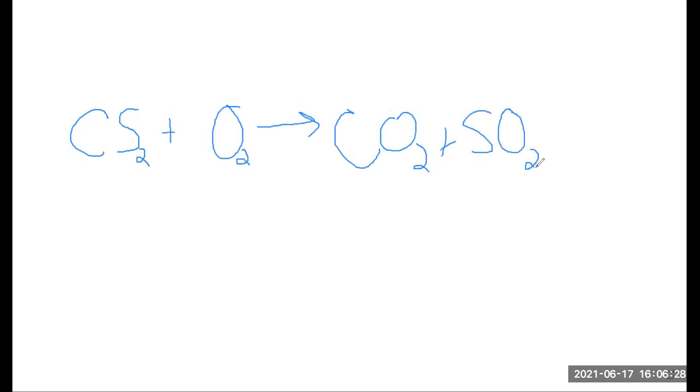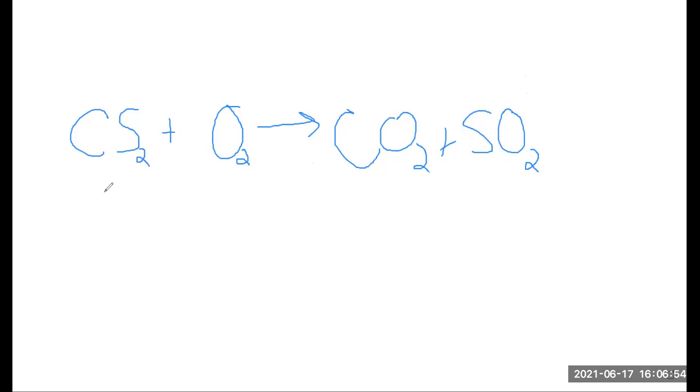One of the things that we need to look at here is we definitely have some mismatches to start off with. If you look where the oxygens are on the right-hand side, we've got 2 oxygens in the carbon dioxide, but we also have 2 oxygens over here.